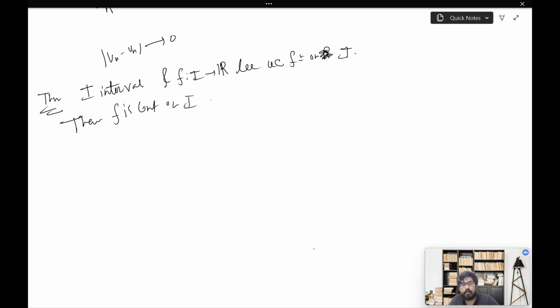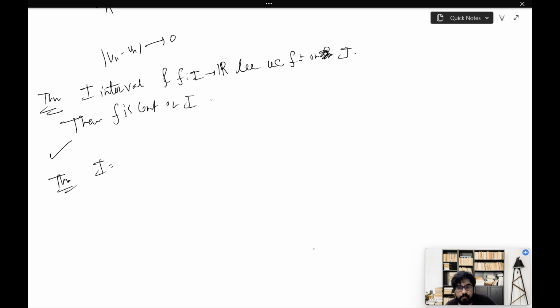We have already noted earlier that uniformly continuous implies continuous, so this is obvious. So this theorem tells that uniform continuity implies continuity. So when does continuity imply uniform continuity?